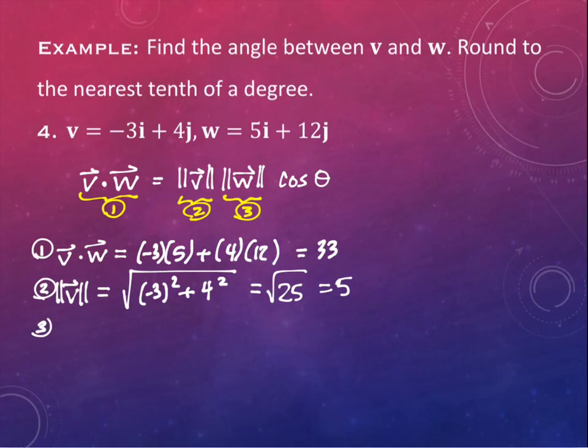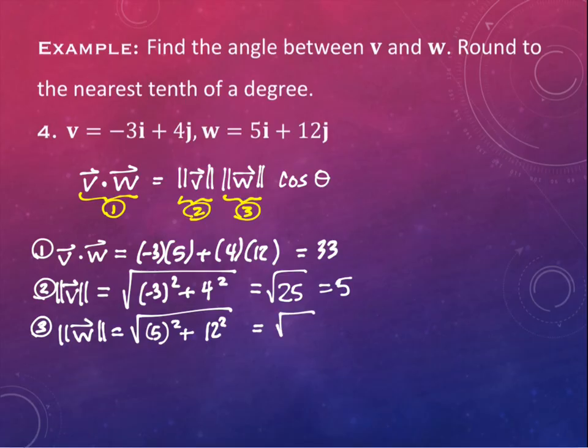And the third piece is the magnitude of w, square root of 5 squared plus 12 squared. What is 5 squared plus 12 squared? Yeah, it's 169. Very good. This one's also a very nice radical.